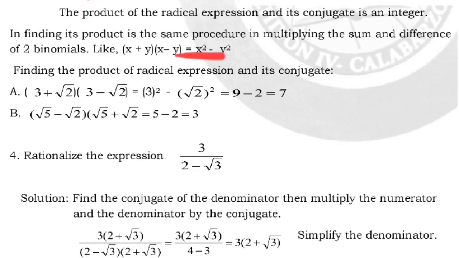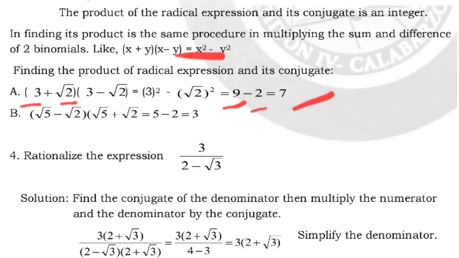So if we're going to have letter A, quantity of 3 plus square root of 2 times quantity of 3 minus square root of 2. So the result here is 3 squared, which is 9, then minus square root of 2 squared, it's 2, so 9 minus 2, and the result is 7.